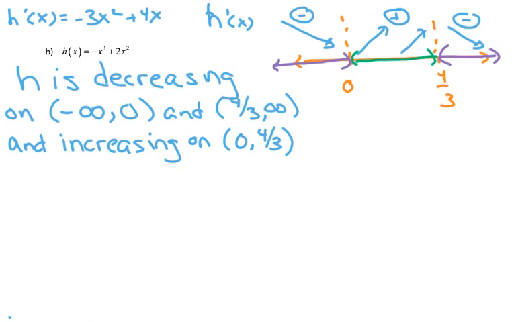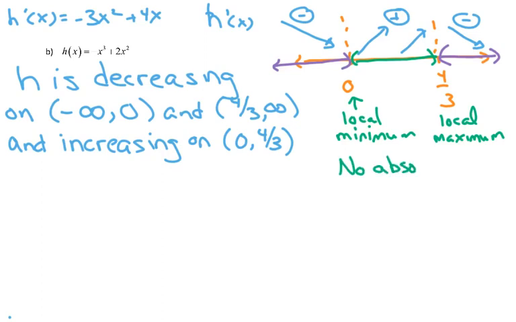Okay, now we need to classify any extreme values. And this is what's nice about our test intervals. I can see that there's going to be a local minimum here, just because it's going down, if it has a horizontal tangent, and then it's going up. And here is a local maximum. And I know that there's no absolute extreme values.